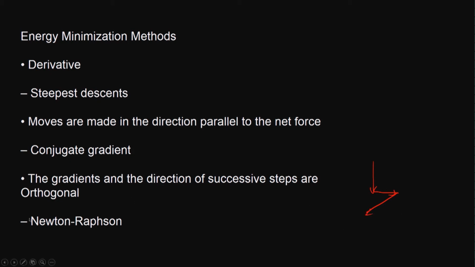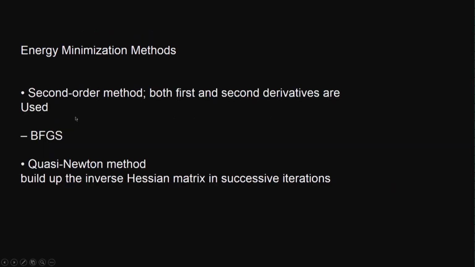And then you have the Newton-Raphson, which is again based on some sort of a gradient method. Gradient method is basically a derivative based method. You can use the Hessian or you can use the first derivative and so on.